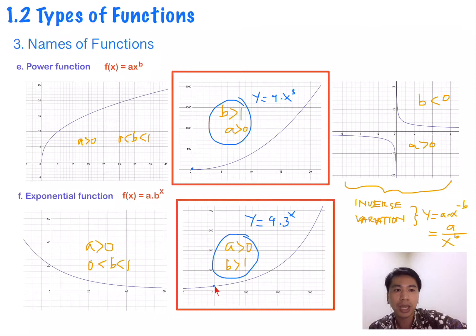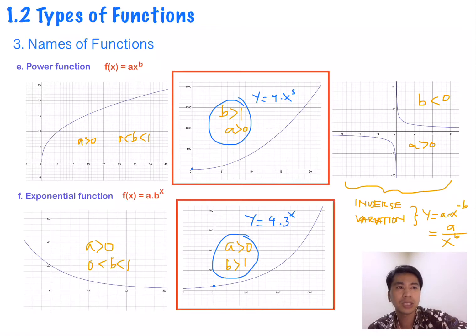So I will not have it from the origin, because I have 4 times 3 to the power of 0, which is 4 over here. So it will have a constant, which is not 0.